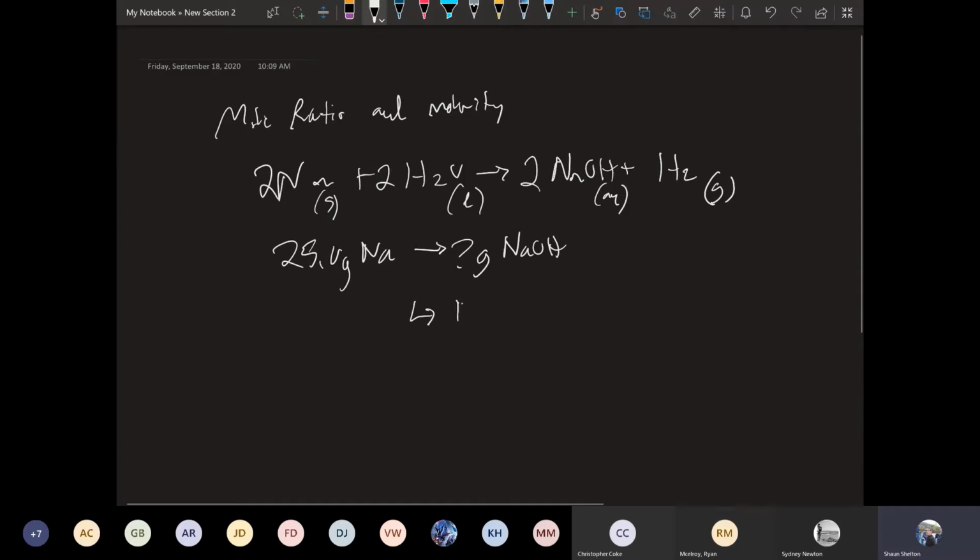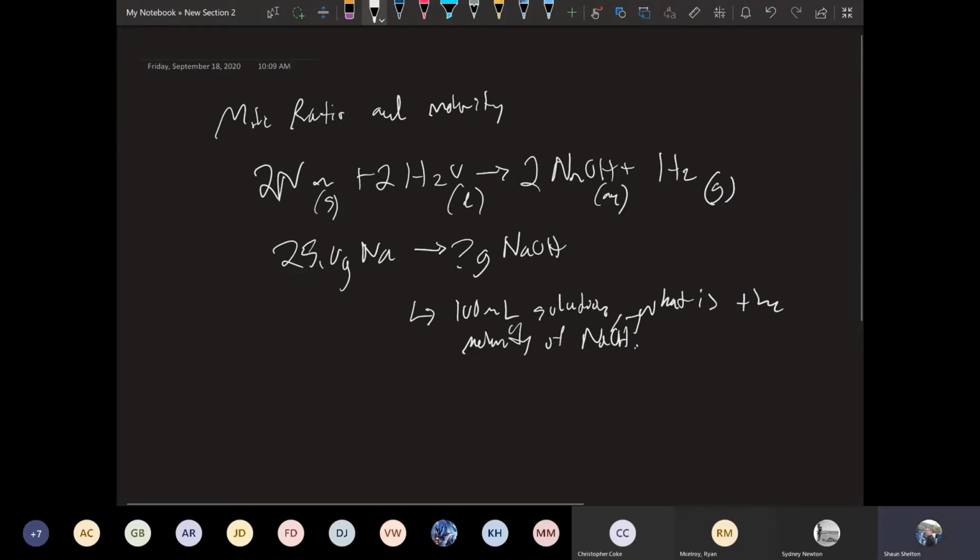So let's say we have 100 milliliters of solution. What is the molarity of NaOH after the reaction's concluded, all right?